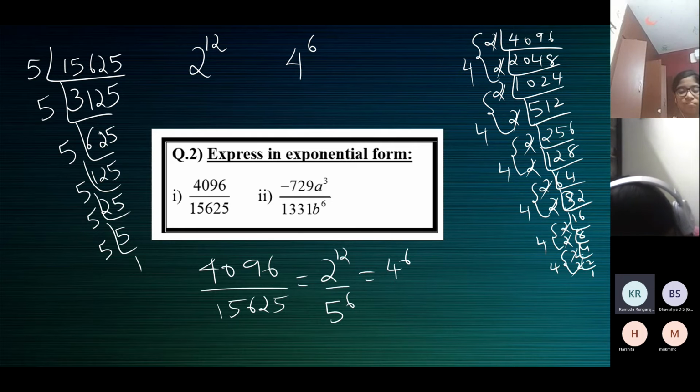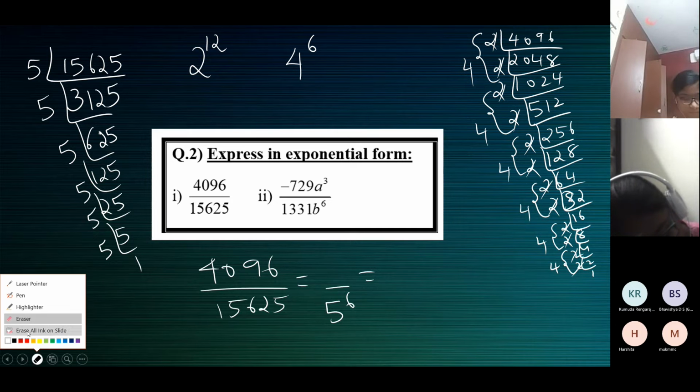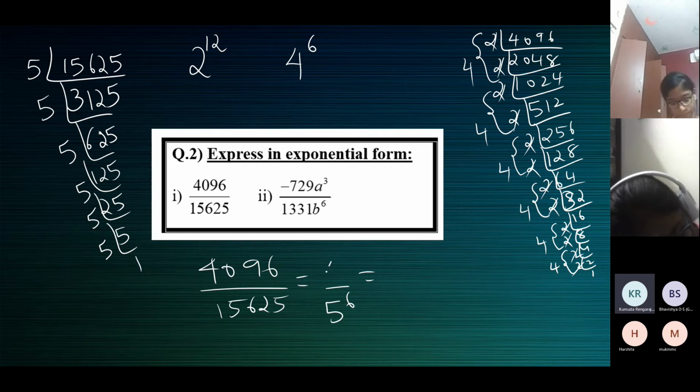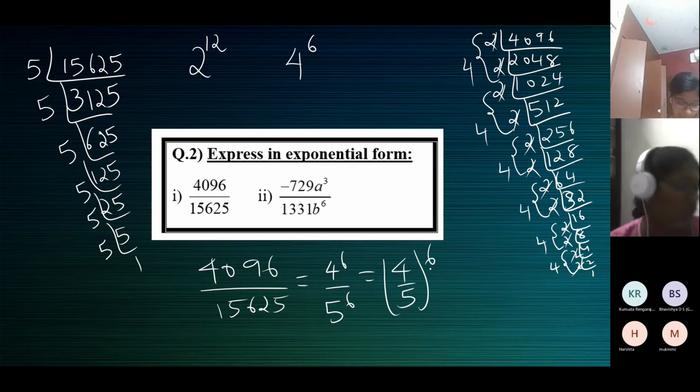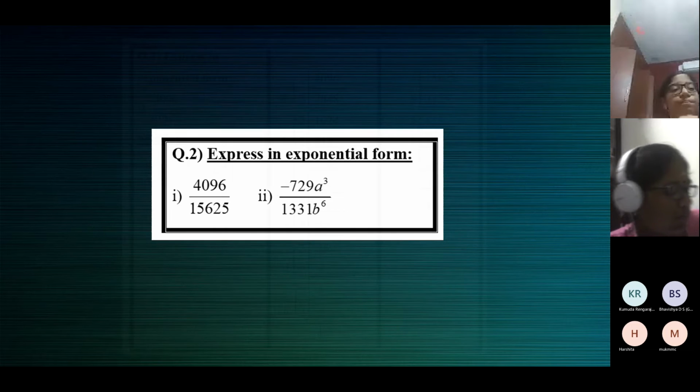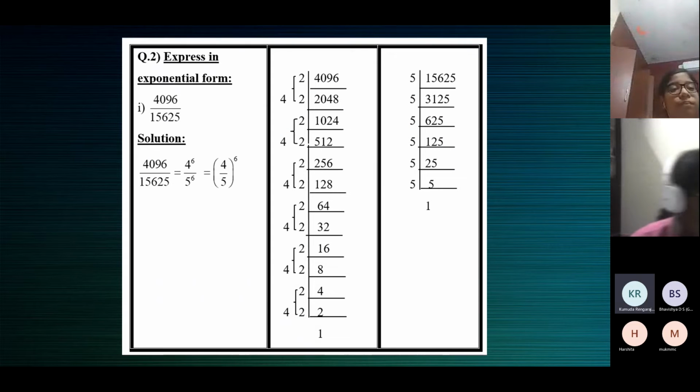Immediately you group like this and make it 4 to the power 6. 2 happens 12 times, but 4 happens 6 times. 4 is not a prime number, but here since we need to have the same power, we are forced to use 4. So it's 4 to the power 6 over 5 to the power 6, or 4 by 5, the whole power 6. You can see the answer here.